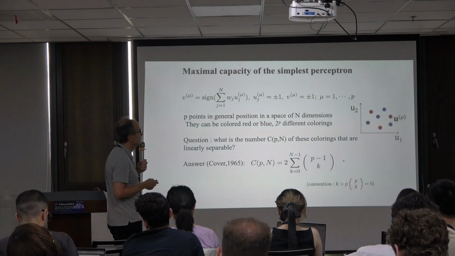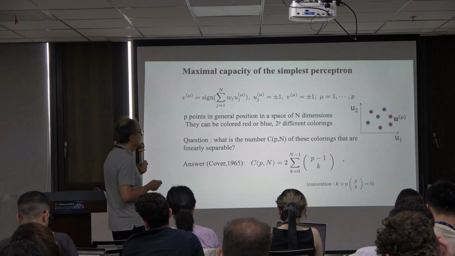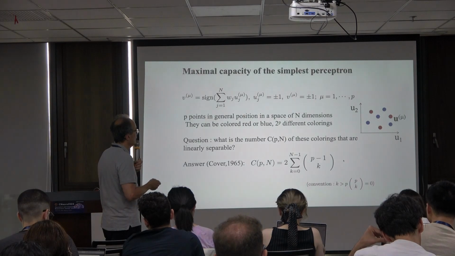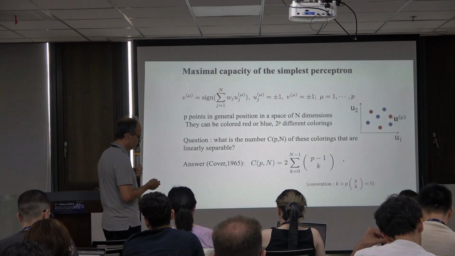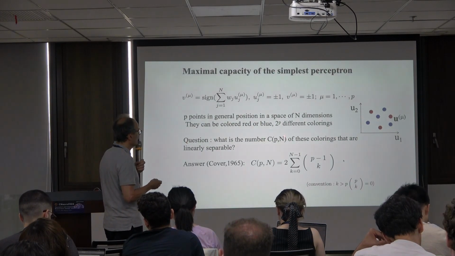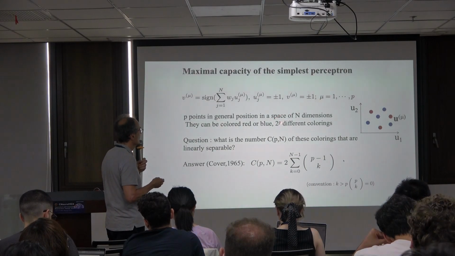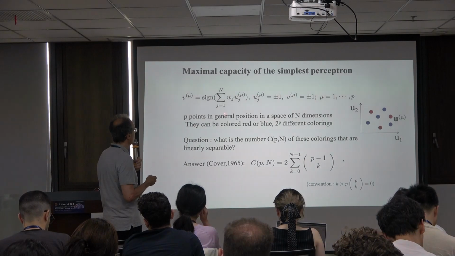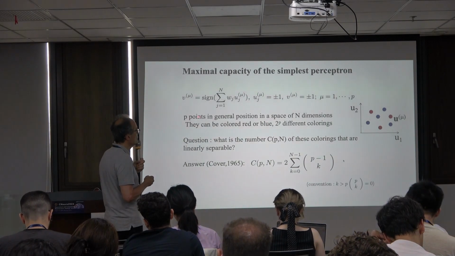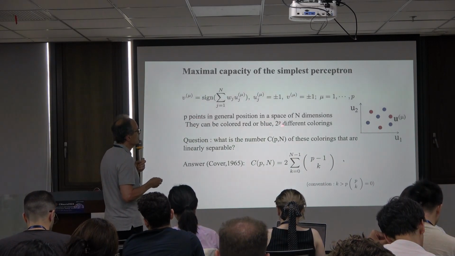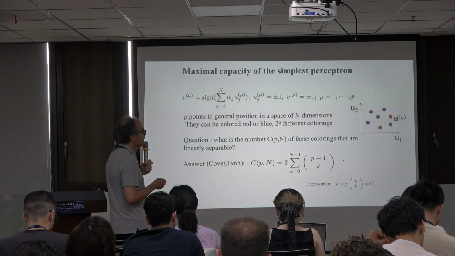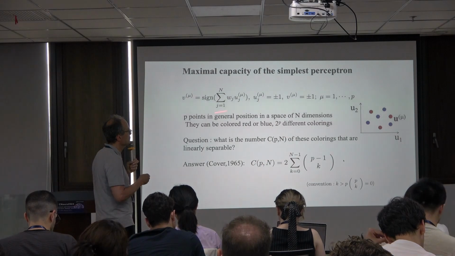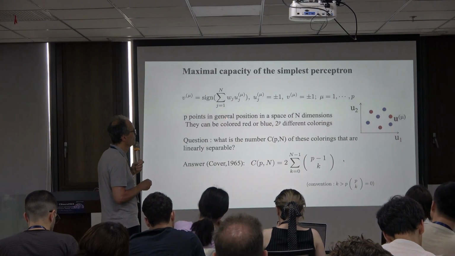And the other one that I'm showing you is this. If you have 2 points, of course you have 4 different ways to color them. Each one you can color red or blue.